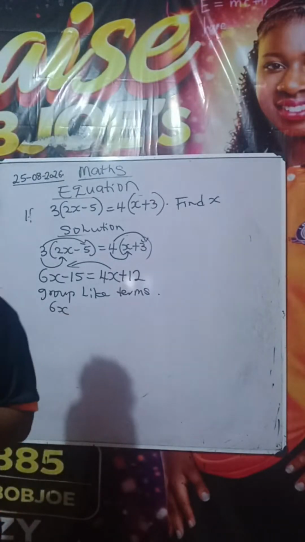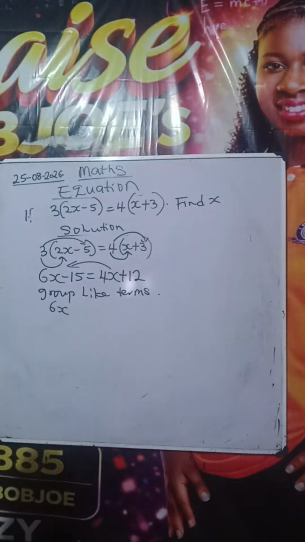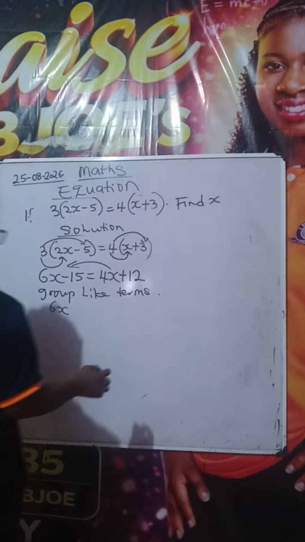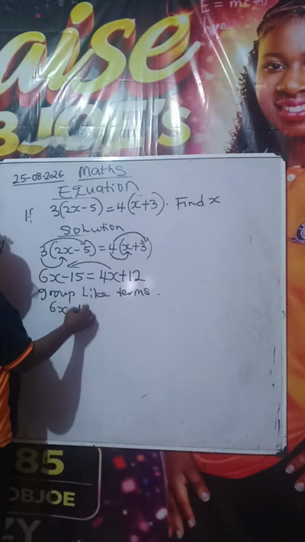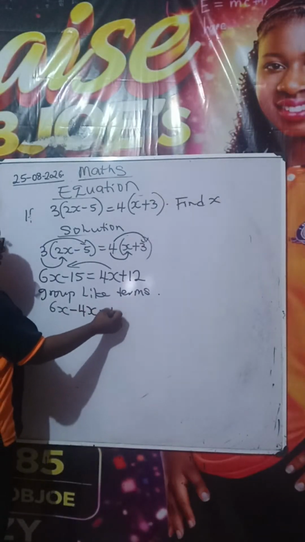The 4x, I'm taking it to the other side. What is it going to be? So we are getting minus. So we have minus 4x equals to 12.